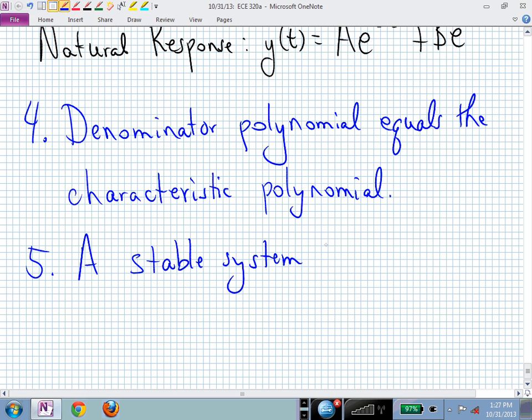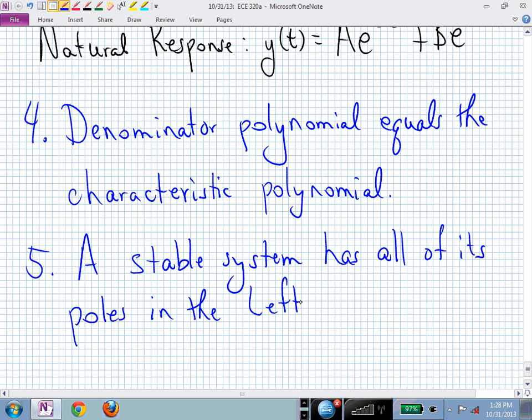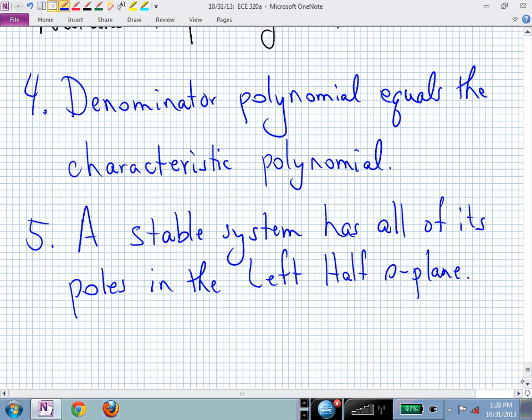Point 5. A stable system has all of its poles in the left half S plane. And because you might want to communicate this efficiently, you might just, in your text messages, say LHP.